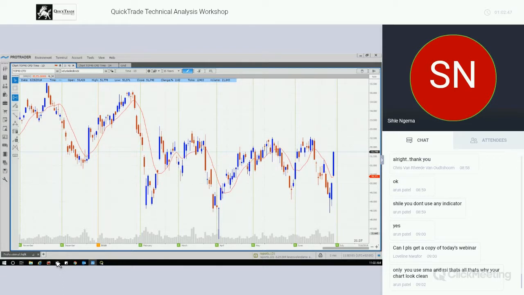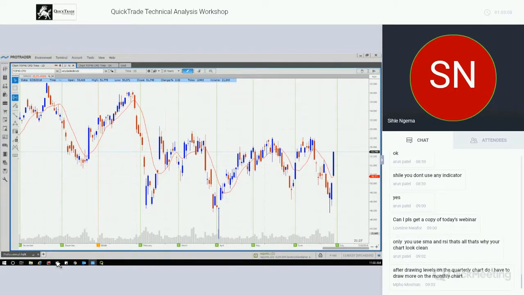Even if they were to remove most indicators, I wouldn't have a problem trading this market. I'll still trade it without the indicators, which I think everyone should strive to do. If you are a new trader who wants to make some money out of the market, you must try and stick with price action and use that to make your money. That way, I think you're going to do very well.